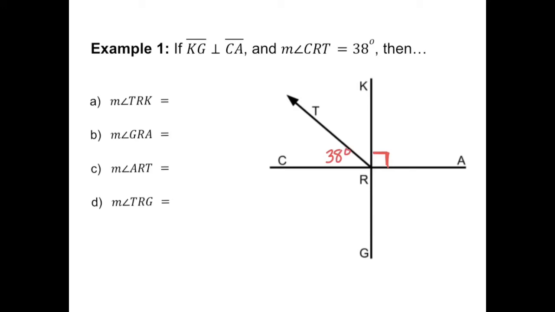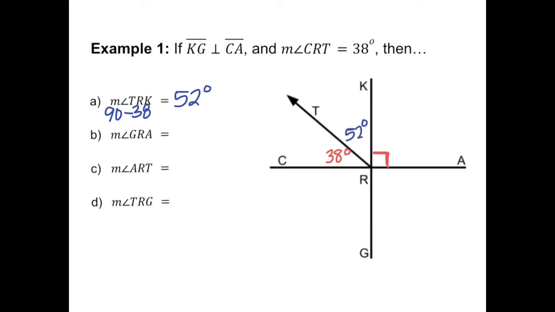So if we look at our questions here, they're all asking for the measures of these angles, so please keep in mind that we are going to be answering in degrees. If we look at angle TRK, it's adjacent to, but it's the pair with the complementary angle. So I'm going to take 90 and subtract 38 to figure out this missing angle. So that's 52 degrees.